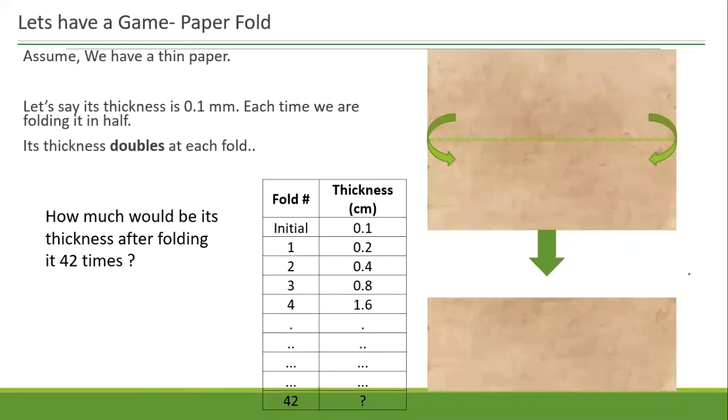You must have thought of some number. So just put it. Don't worry about right or wrong. Okay. 9.2. What? 9.2. Okay, I'll write it here. 9.2. Unit? Centimeters. Okay. Any other answer?